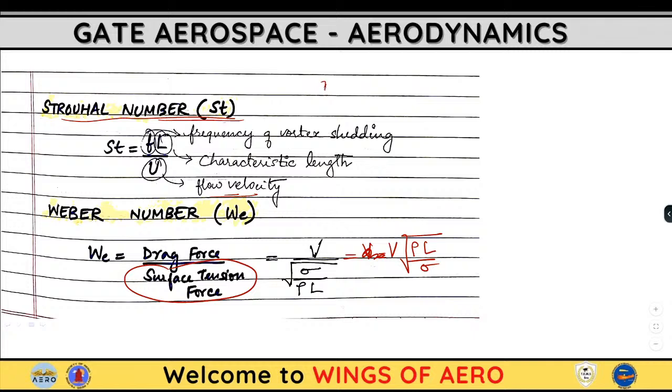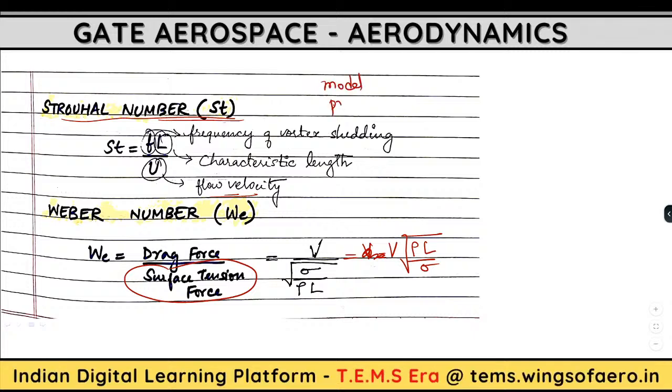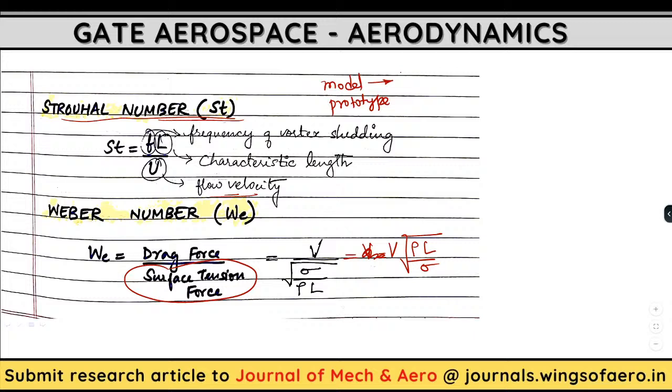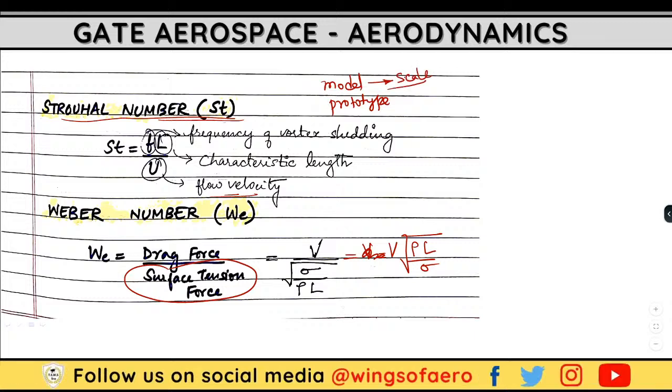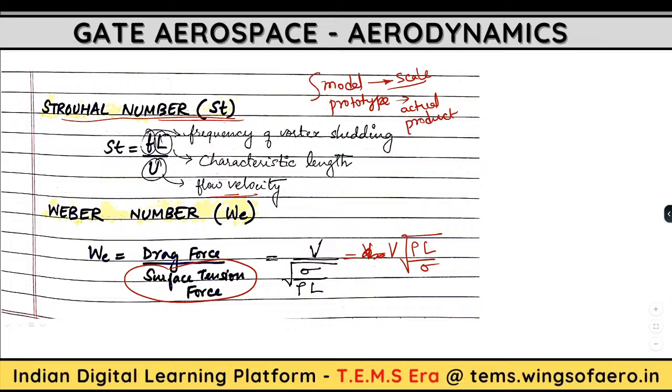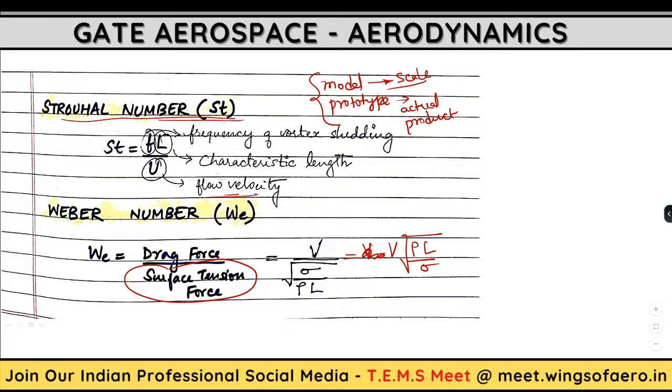Here we are going to the model and prototype. What do model and prototype refer to? A model is a scaled down model, and a prototype means the actual component or actual product. You can expect one of the questions from this topic.